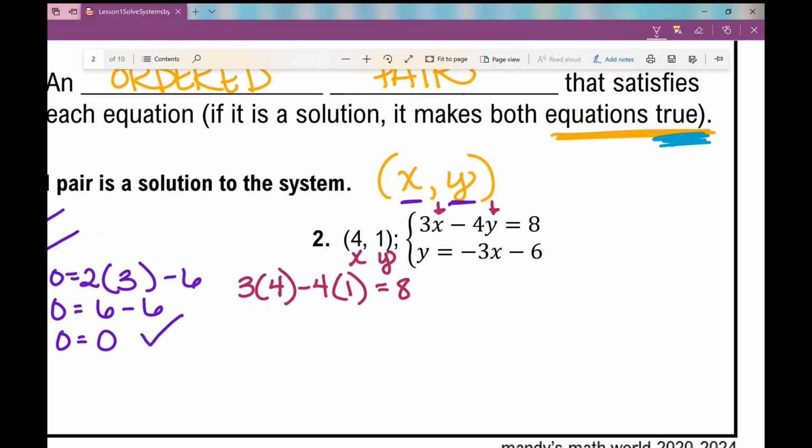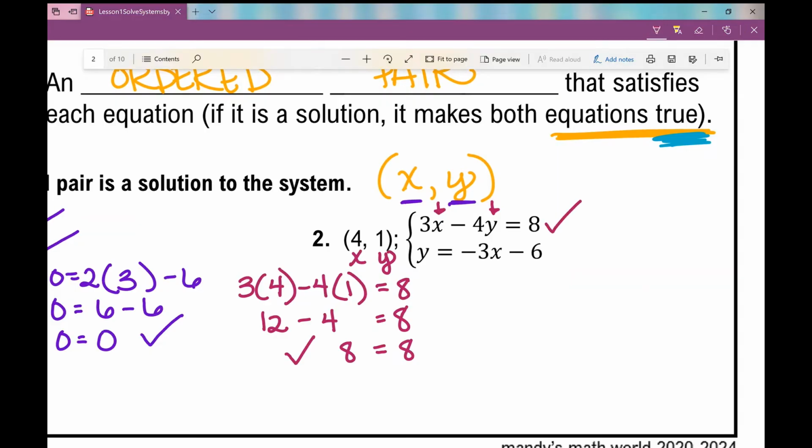So my question is, does this equal 8? Do I end up with a true statement? 3 times 4 is 12, minus 4 times 1 is 4. Then 12 minus 4 is 8, and I can conclude that 8 does equal 8. So it is a solution in this equation.